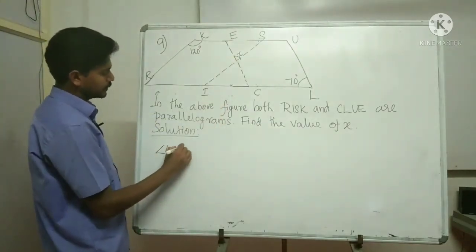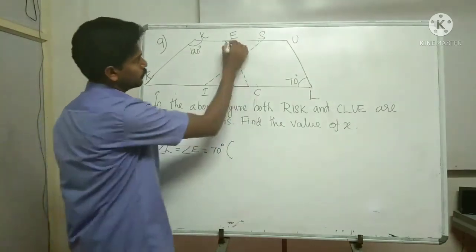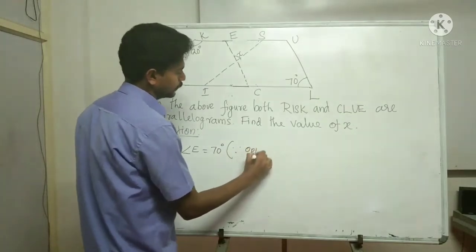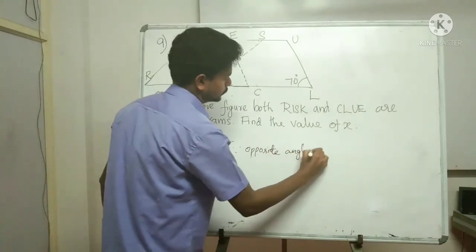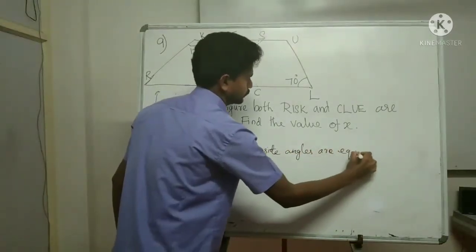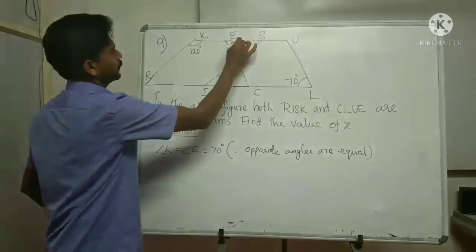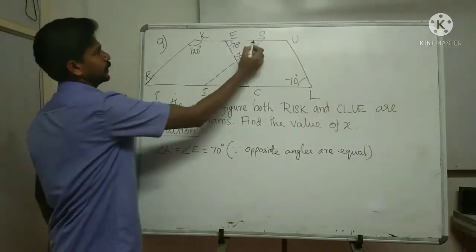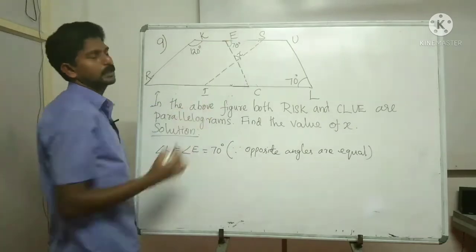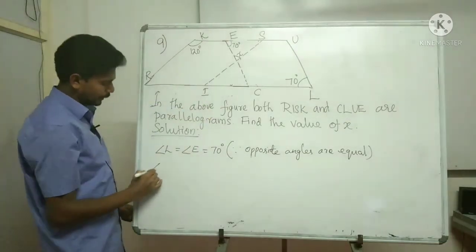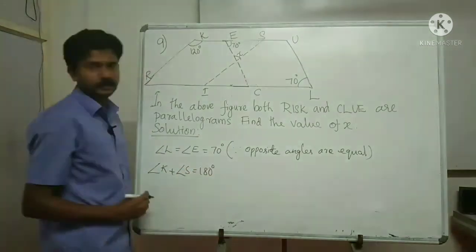So angle L is equal to angle E, that is equal to 70 degree. What is the reason? Because opposite angles are equal. So this angle will be 70 degree. So now we want to find the angle of S. So these two, K and S, are adjacent angles. So angle K plus angle S is equal to 180 degree. What is the reason?